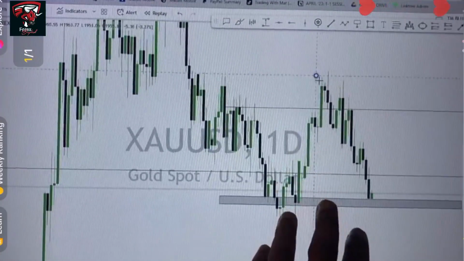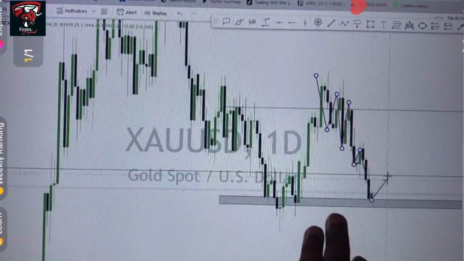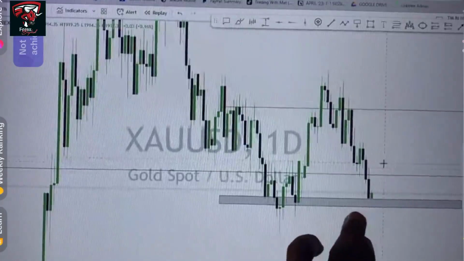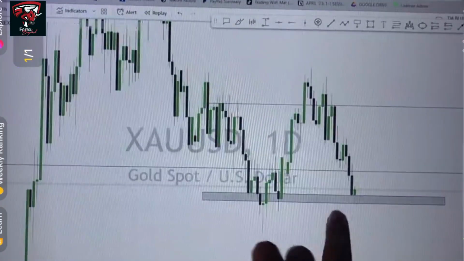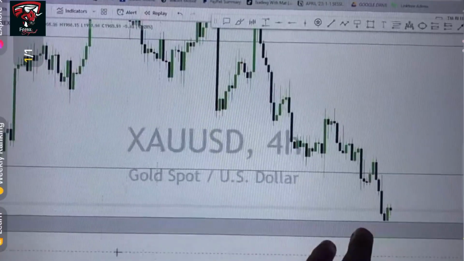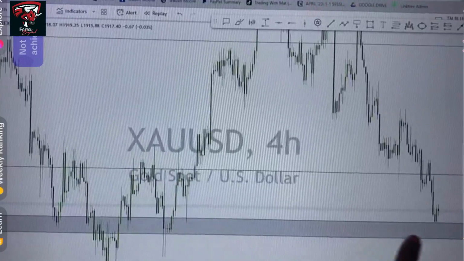If the market has been selling like that, I need a retest here if it wants to continue coming down. But wait, on the 4-hour time frame, I can see it's creating a continuation. Not the 4-hour, the 1H. I think that's where I saw it. These areas here of retest.